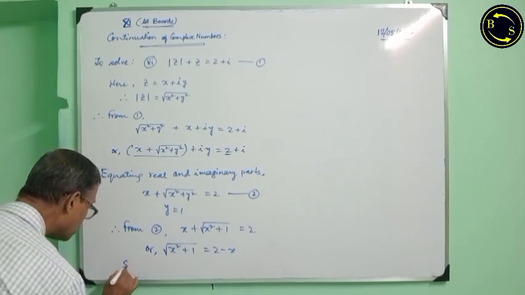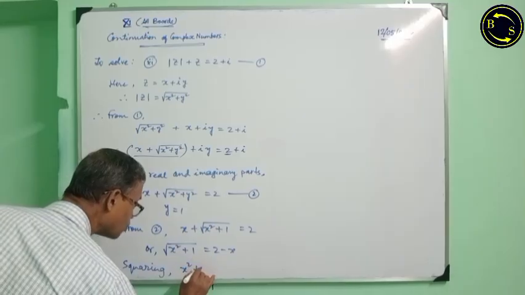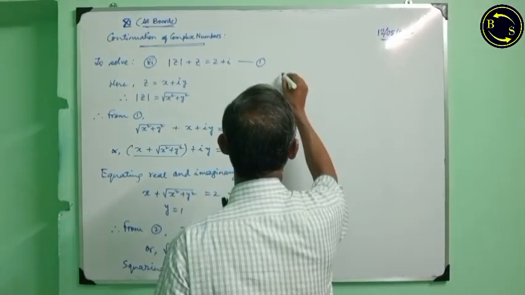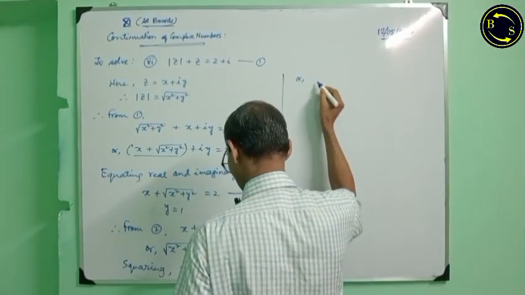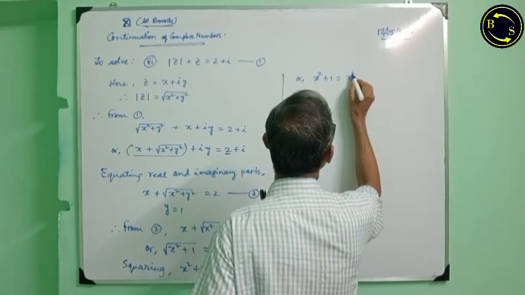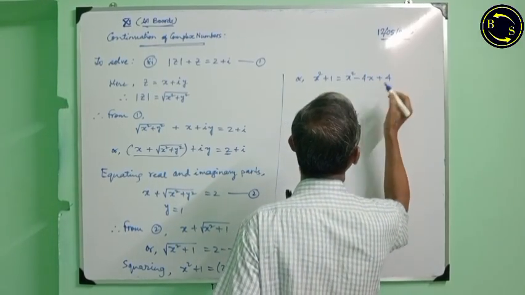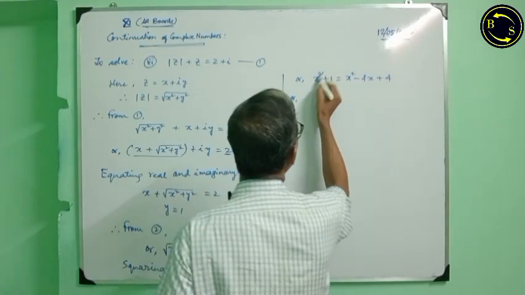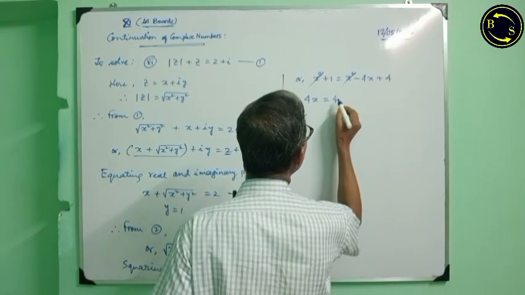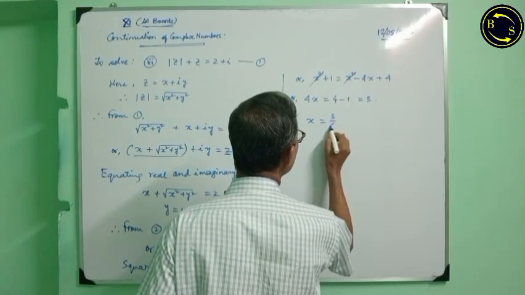Therefore, squaring, x square plus 1 is equal to 2 minus x whole square, or x square plus 1 is equal to x square minus 4x plus 4, or x square cancelled, 4x is equal to 4 minus 1 equal to 3. Therefore, x equal to 3 by 4.